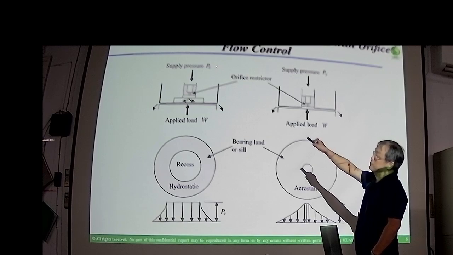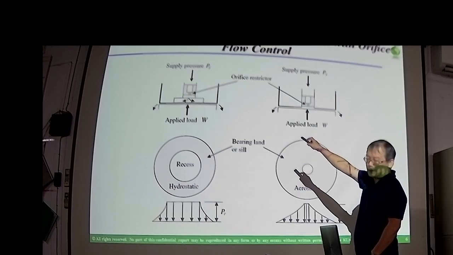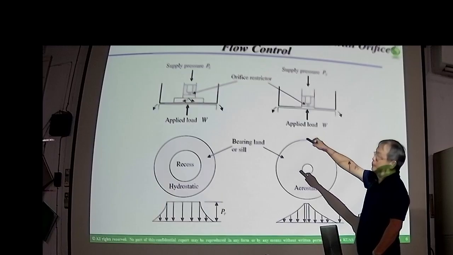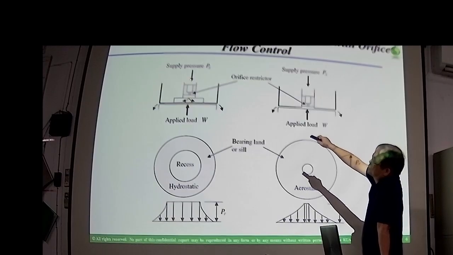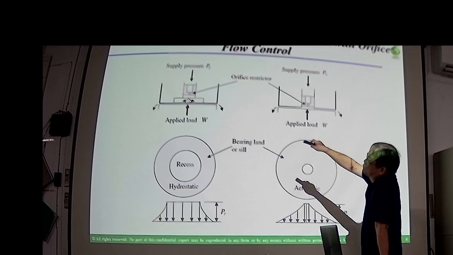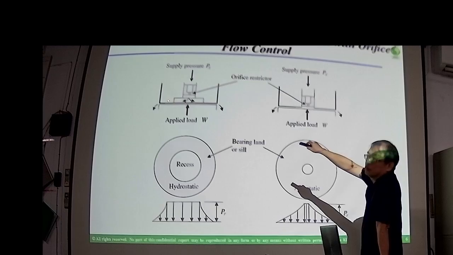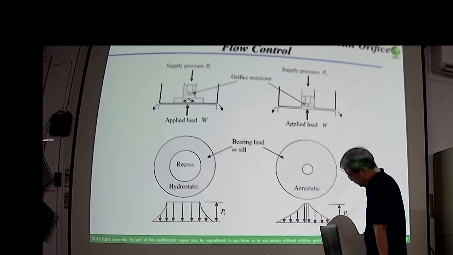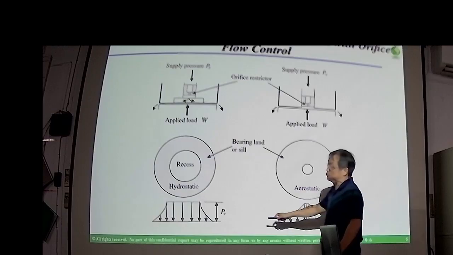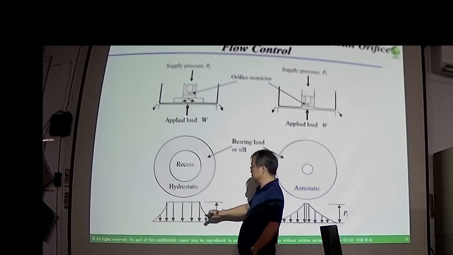So you have a supply pressure P connected to the piping and then to the bearing. The lubricant passes through the restrictor and then comes into the recess. So you have a pressure distribution between the bearing recess and the fixed surface, here inside the recess.